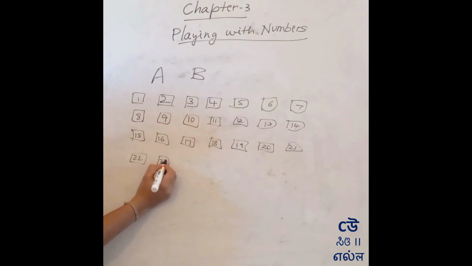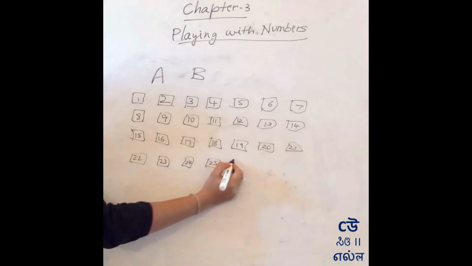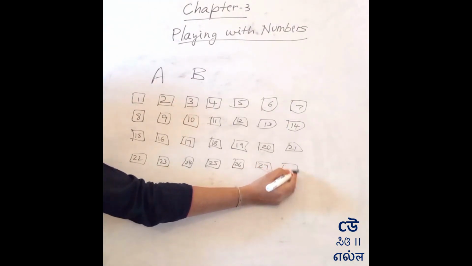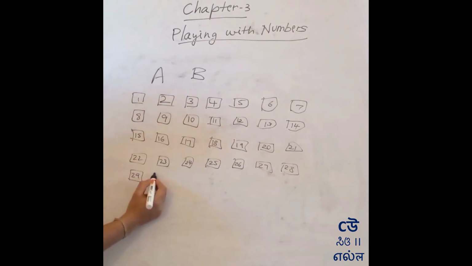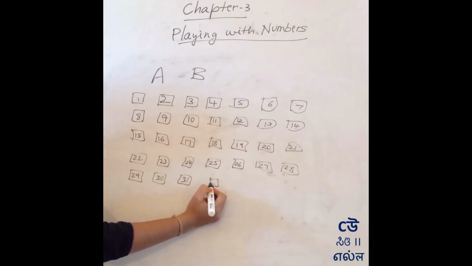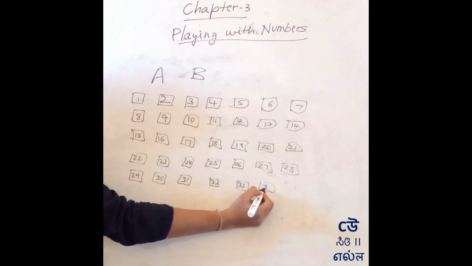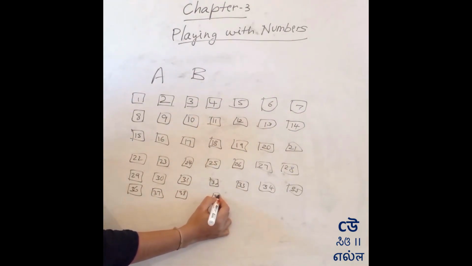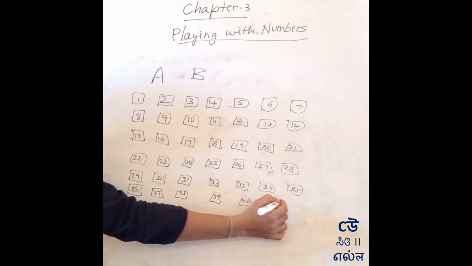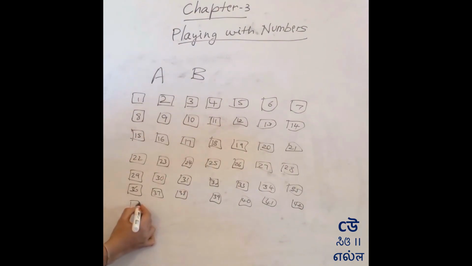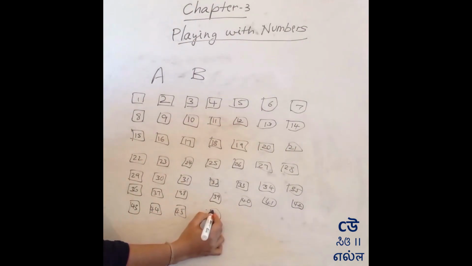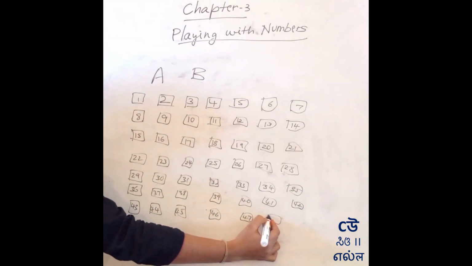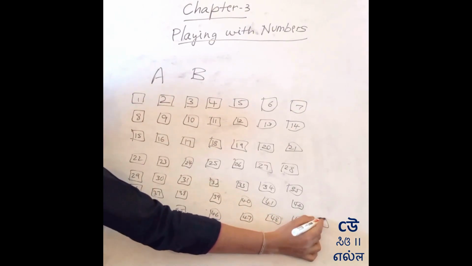Next 22, 23, 24, 25, 26, 27, 28, 29, 30, 31, 32, 33, 34, 35, 36, 37, 38, 39, 40, 41, 42, 43, 44, 45, 46, 47, 48, 49, 50.